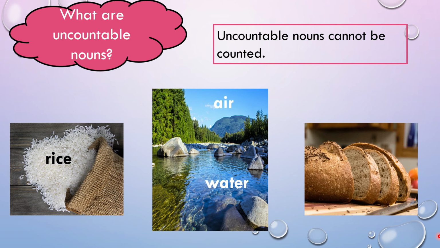Air is uncountable. Can you count the air? No. Then we have bread. Can you count bread? You can count a loaf of bread, 1 loaf, 2 loaves, but you cannot count bread.